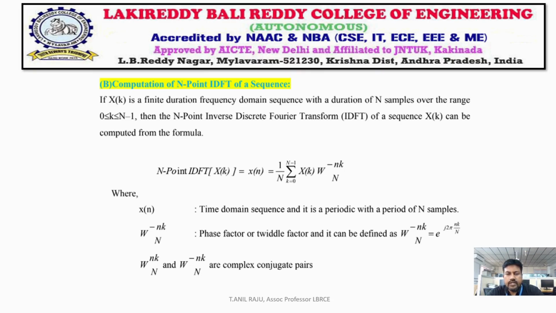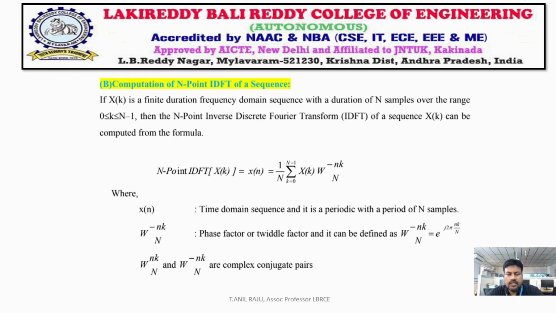That is why we put a minus in the power, minus nk. So, this is the twiddle factor W_N to the power minus nk, which is equal to e power j 2 pi nk by capital N.